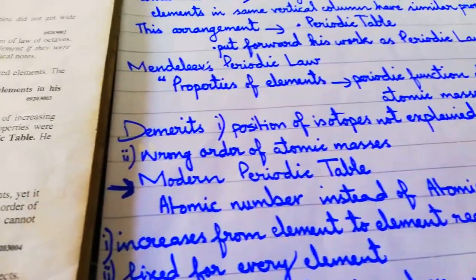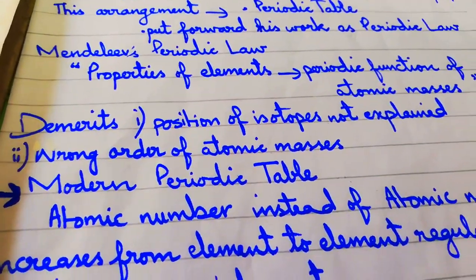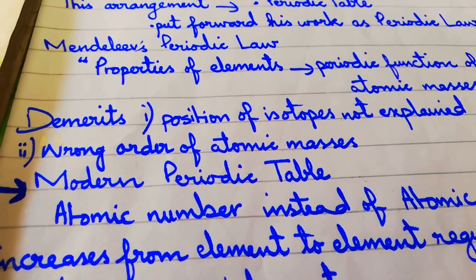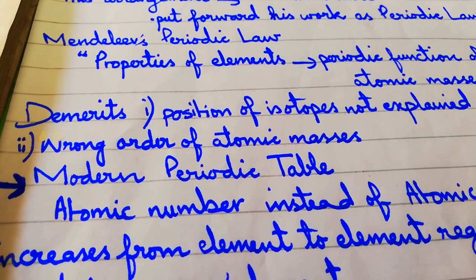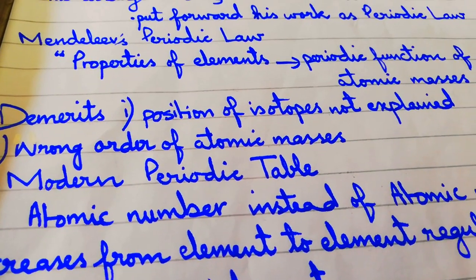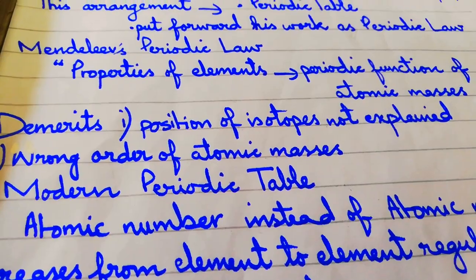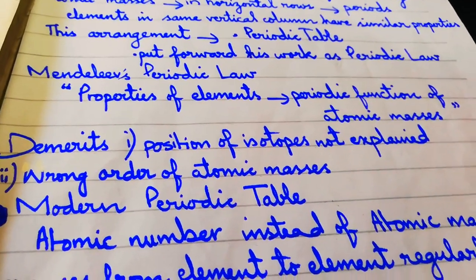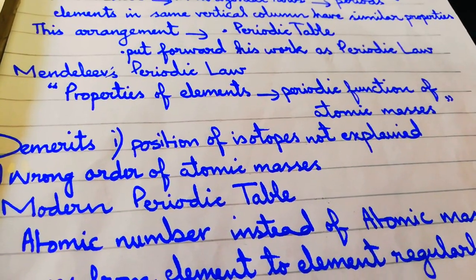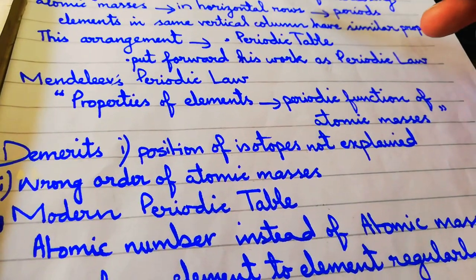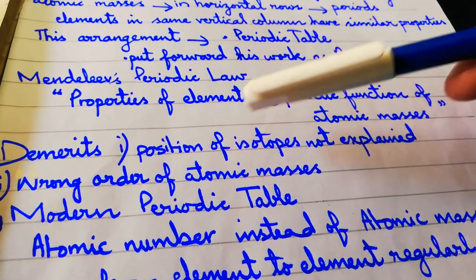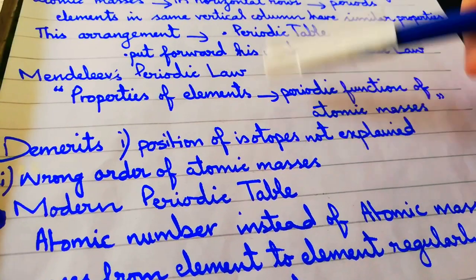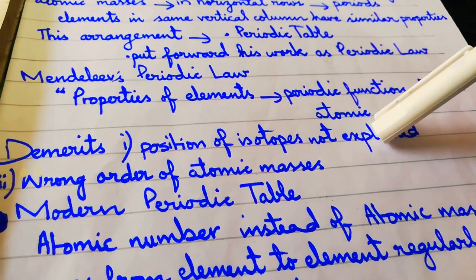But this concept did not get acceptance because it also had demerits. What are the demerits? Position of the isotopes is not explained. As we studied in the previous chapter, some elements have isotopes, like hydrogen has 3 isotopes. Mendeleev did not discuss where the isotopes would fall while arranging the elements in the periodic table.